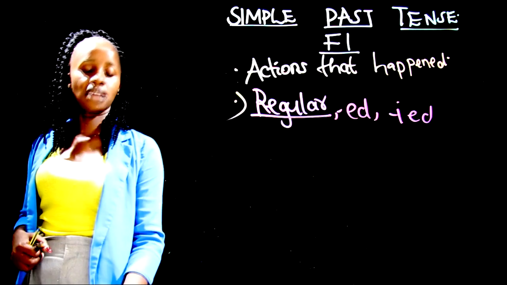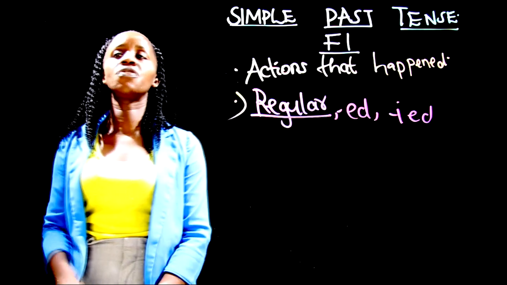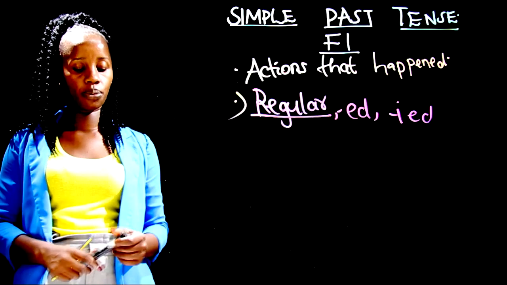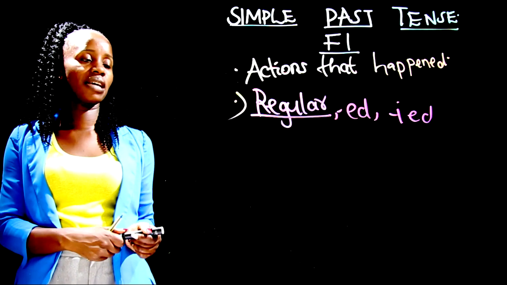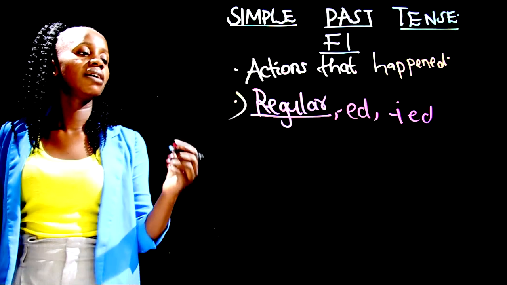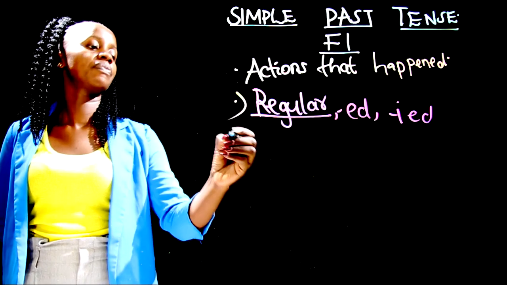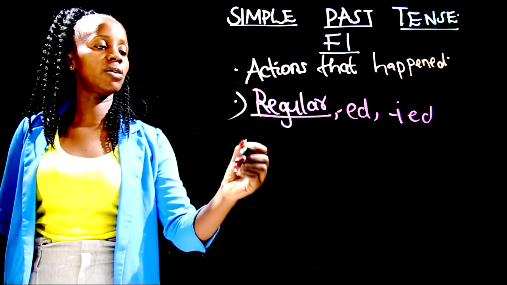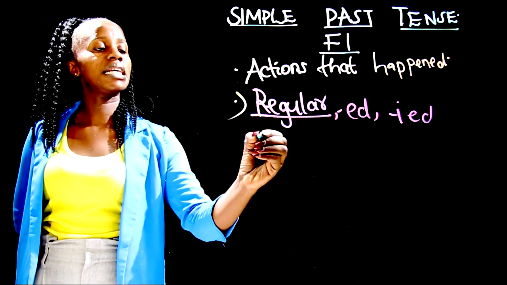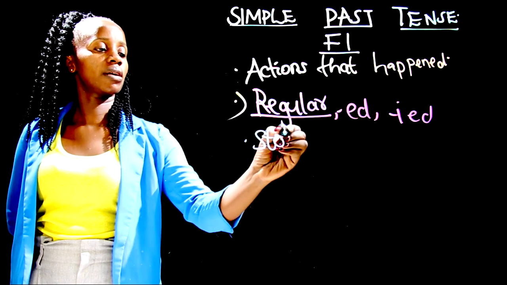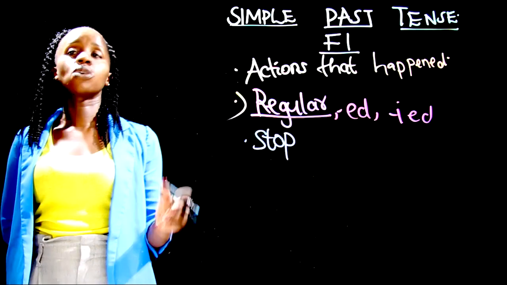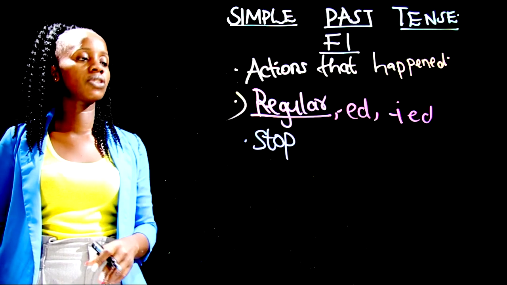Let us use an example with the word stop or clap. So for example, the word we will be looking at is stop. So what is the past tense of stop?